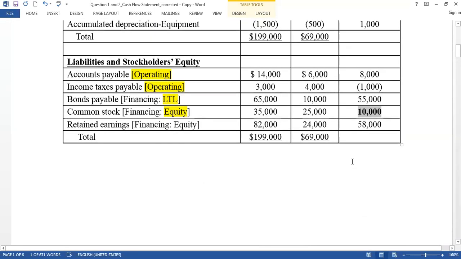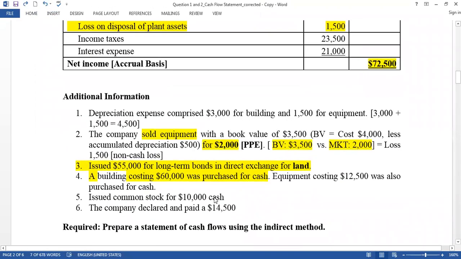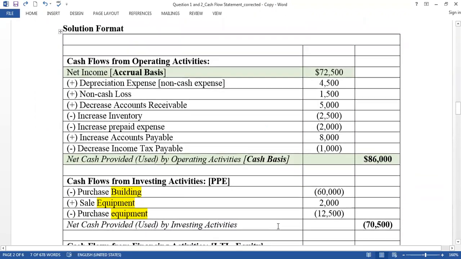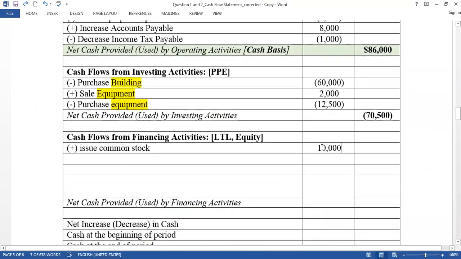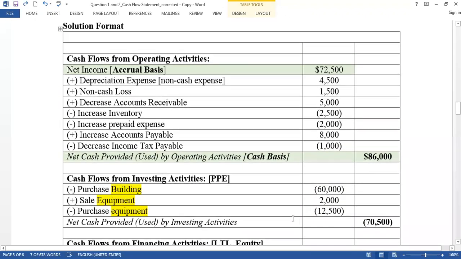I repeat again, if there is no other information under additional information, we have to treat it as cash. Anyway, our question is easy. Our question said that we issue common stock and it is related with cash. So don't worry, it is plus.